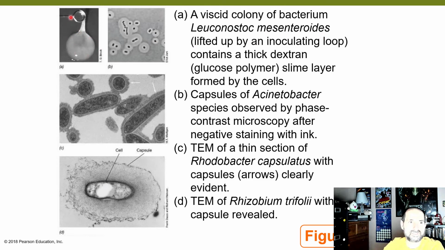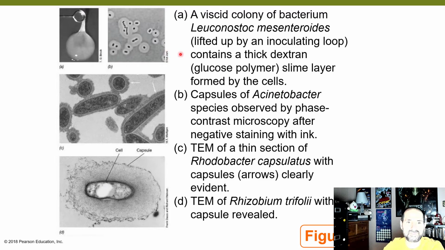And what you're seeing here is a loop. You know how you guys are working with the loops in the lab. This is a sterile loop that they've come and touched the colony. And look how gooey the colony is. It has this very thick, gooey consistency. And that's because of the slime layer formed by the cells.